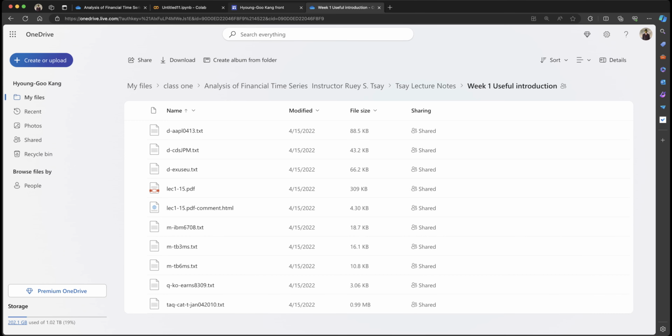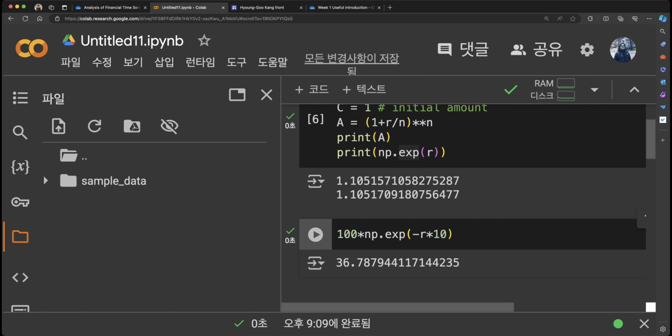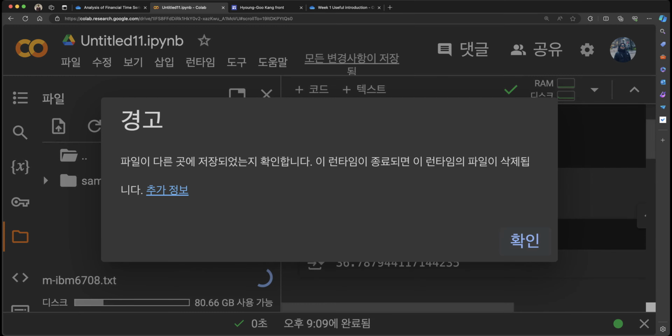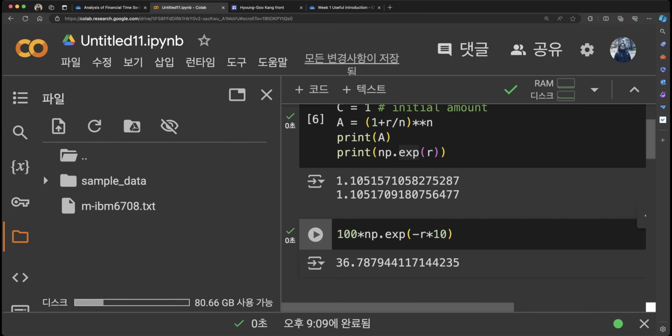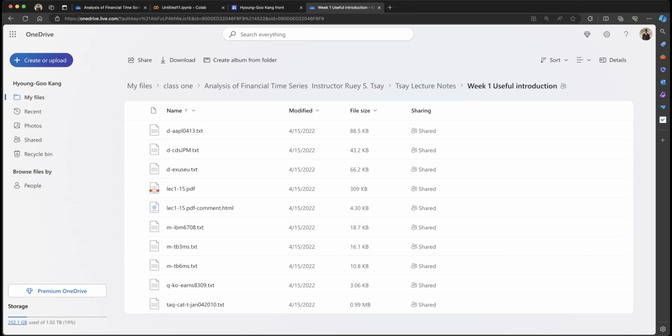Actually this is my hard disk, so let me upload the data. I uploaded this data, M IBM 6708.